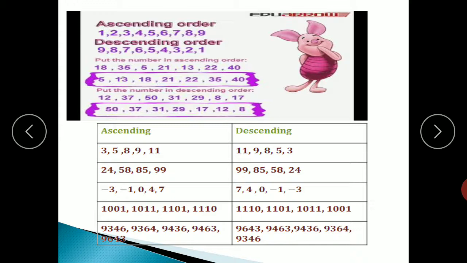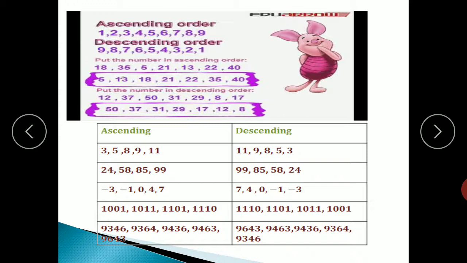Now let us move to ascending order and descending order. Lastly, I said you have learned up to 3-digit numbers. I am going to explain from the starting onwards. Ascending order: the numbers go from the smaller to the bigger number. I will repeat it. Ascending order, the numbers come from smallest to bigger.